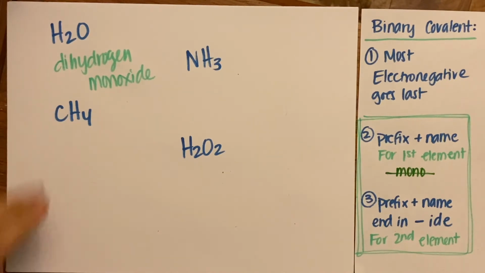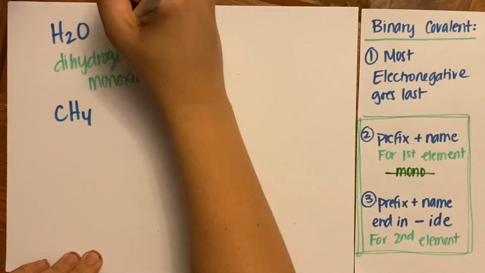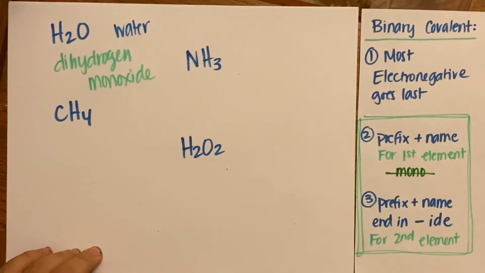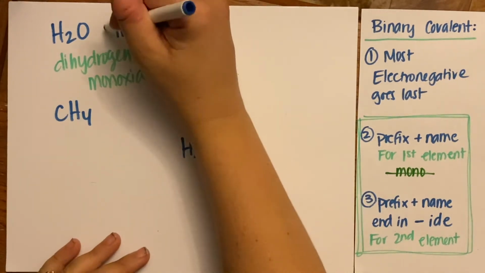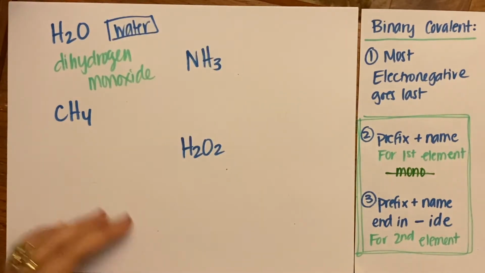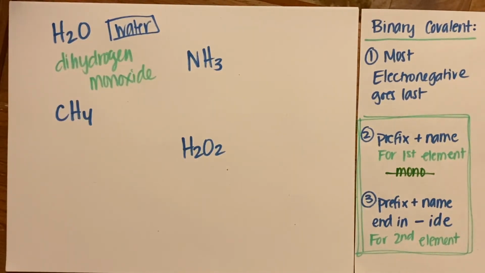But we don't call this dihydrogen monoxide. We, of course, call this water. There are some binary molecules that are so familiar and very common that we use their common name instead of their technical name, right? Dihydrogen monoxide, all right?